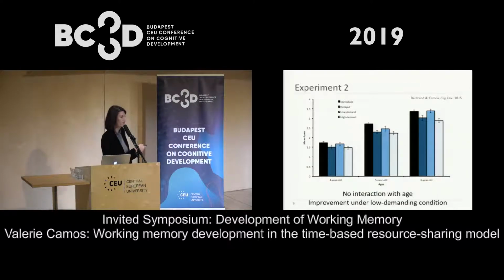What we observe at 4, 5, and 6, first, we have no interaction with age, which is questioning. But we show that if you look at a low-demanding compared to a high-demanding task, there is already a decrement. So in the previous experiment that I told you, we didn't find any impact of the attentional demand.